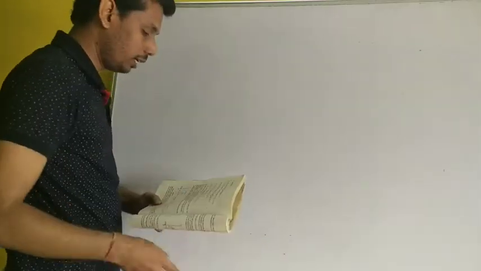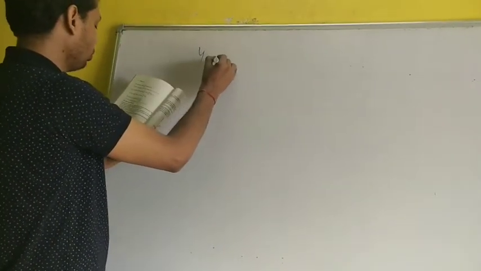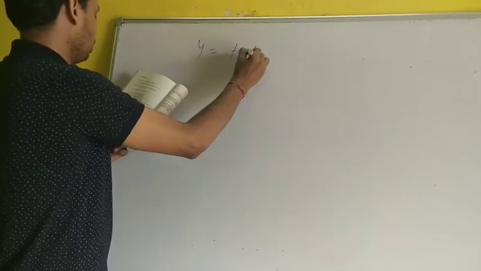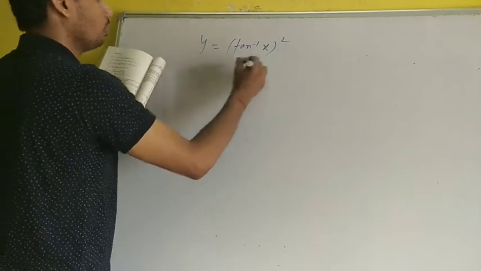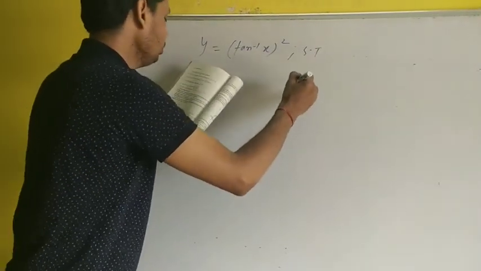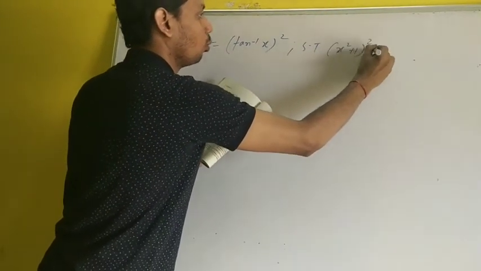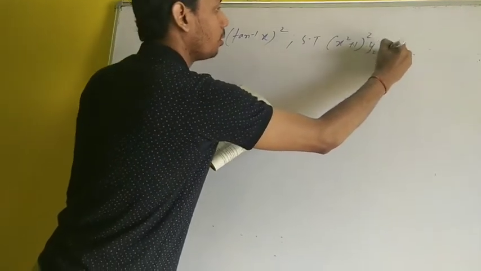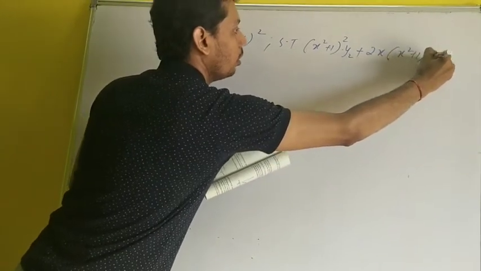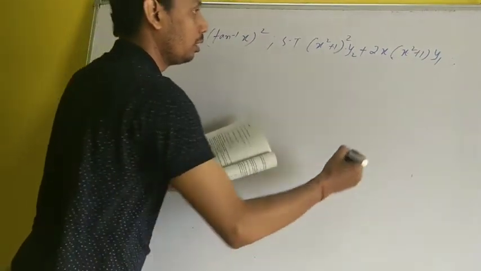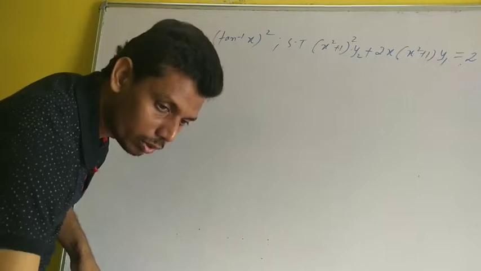In question number 17, it is given that y is equal to (tan inverse x) whole square, and we need to show that (x square plus 1) whole square y2 plus 2x (x square plus 1) y1 is equal to 2. This we have to prove. Okay, now this is the question.